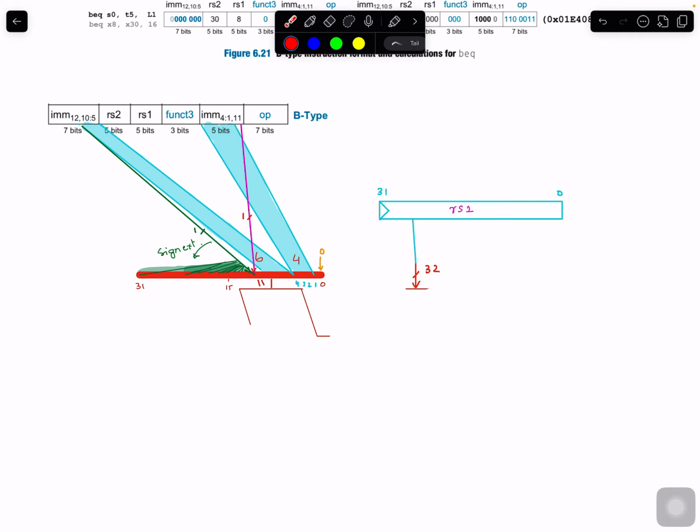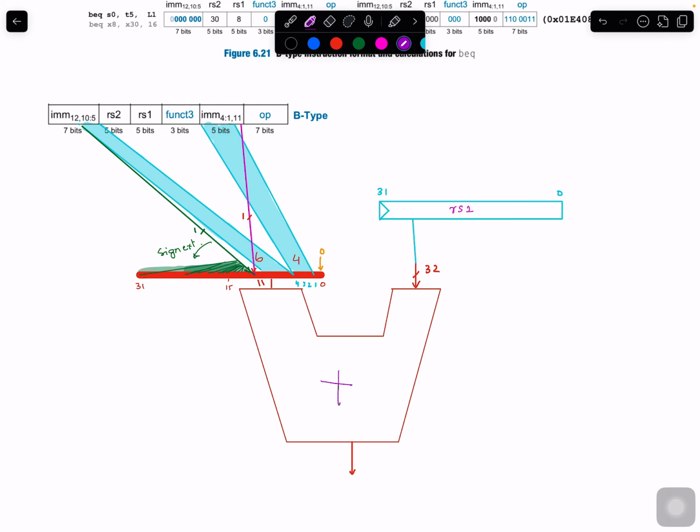Remember, when we create the hardware, we will add to the PC. Sorry guys, I wasn't expecting this. I thought what I did was right. Actually, let me do this. This is still an adder.